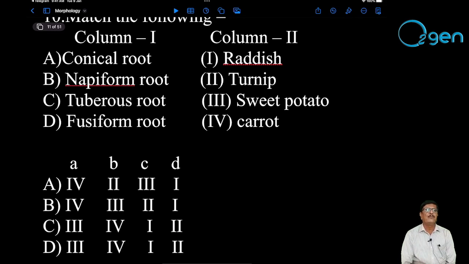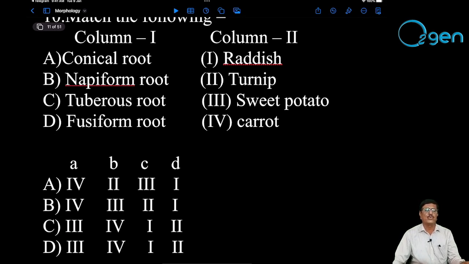Question 10. Match the following. Column 1 has the different modifications of the root, and column 2 has the examples. Column 1 contains conical root, napiform root, tuberous root, and fusiform. Column 2 contains radish, turnip, sweet potato, and carrot.